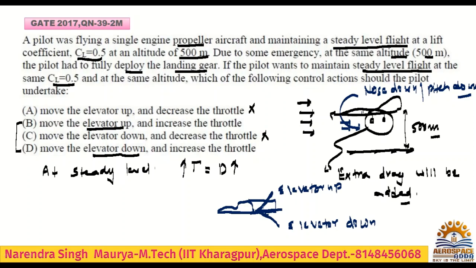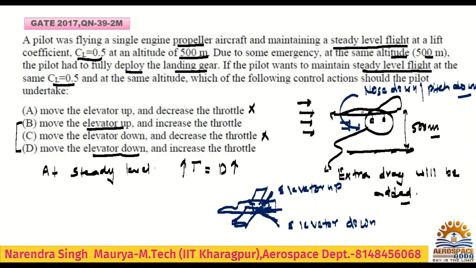This is the aircraft here, and this is the elevator. On the tail wing, the horizontal stabilizer, the elevator will be there. This is the horizontal component, and on the horizontal component the elevator will be there.